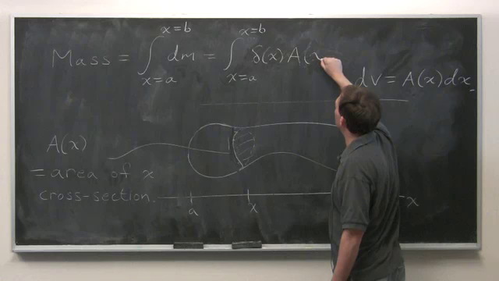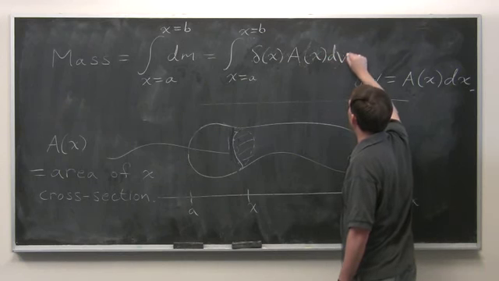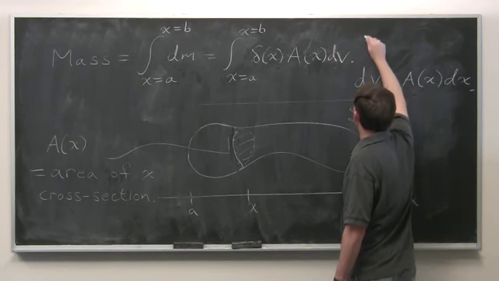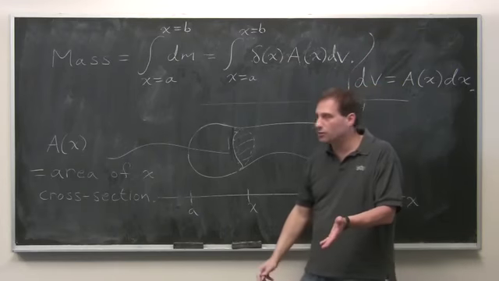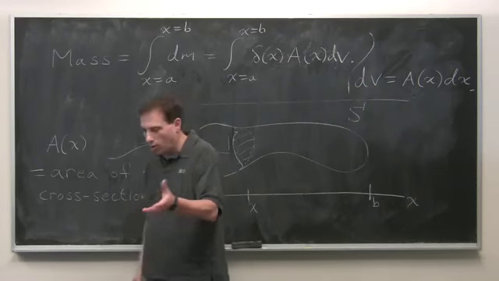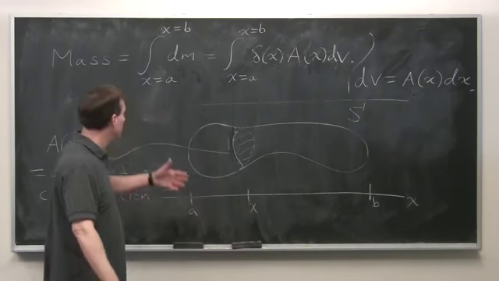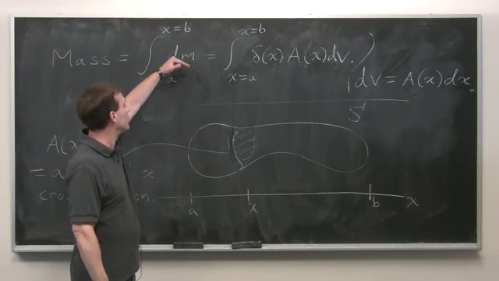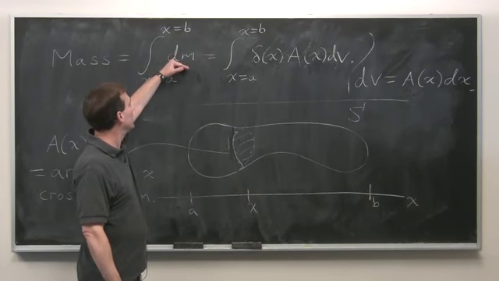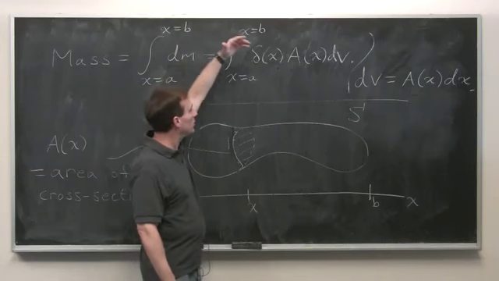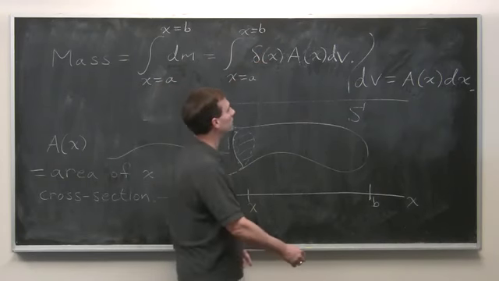It really does help to break the problem up into pieces. And when you're thinking about physical applications of integration, you really should think, oh, the total mass, I add up all the infinitesimal pieces of mass. How do I get a little chunk of mass? Oh, I take density times something.